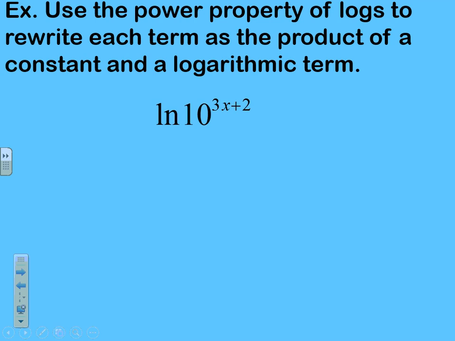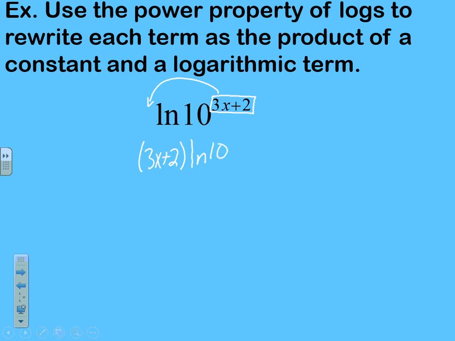We do have the 3x plus 2, and in this case, because it is an expression, we treat that slightly differently than we did with the 2 in the previous example and the 1/3 exponent a couple of problems ago. So here, if I take the expression and put it in the coefficient spot, this is an expression, so I need to keep it in parentheses. So I'm going to say 3x plus 2 in parentheses times the natural log of 10.